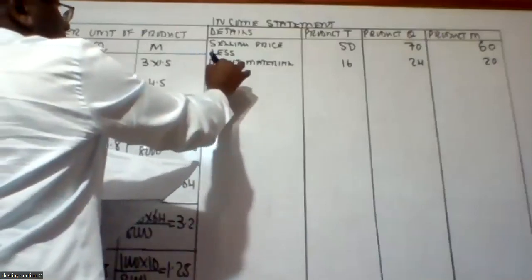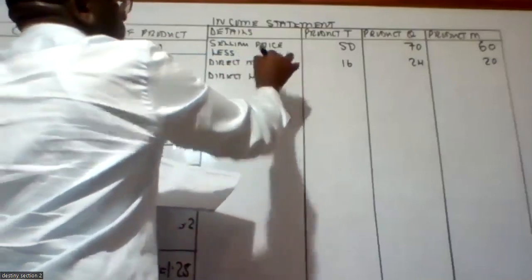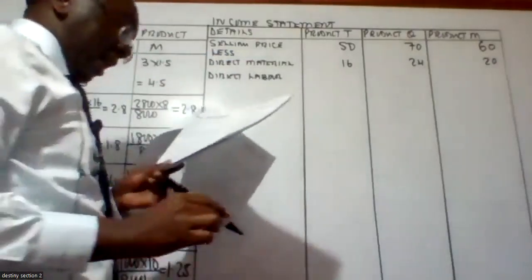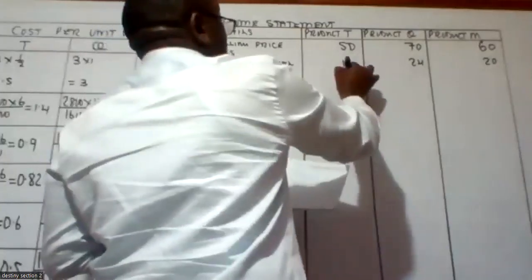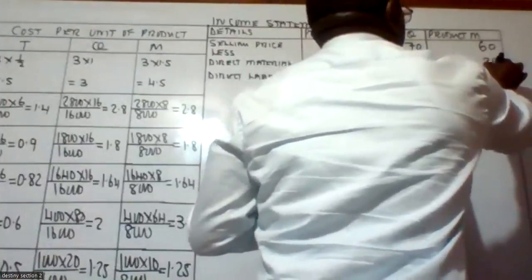Then direct labor. Direct labor, we have 8. We have 12. We have 8.